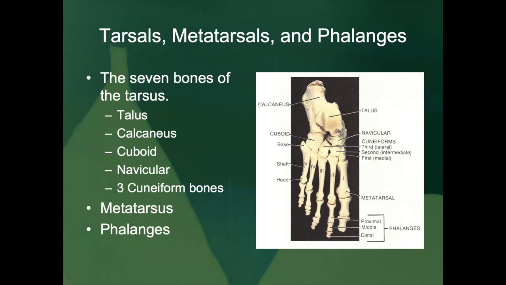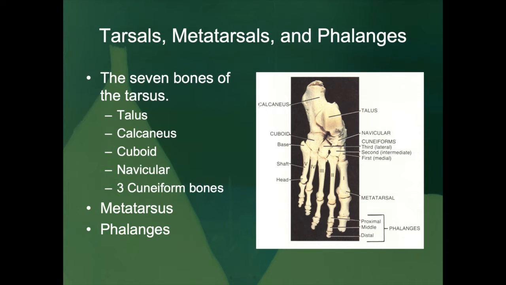The anterior part contains the cuboid, the navicular, and 3 cuneiform or wedge-shaped bones. These are composed in this case of a first or medial, a second or intermediate, and a third or lateral cuneiform.